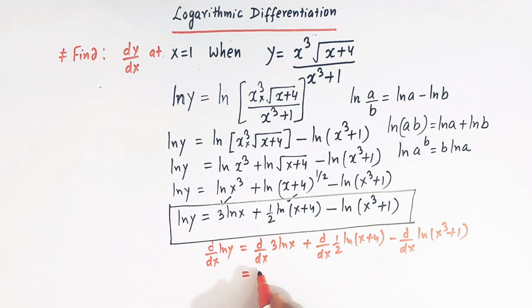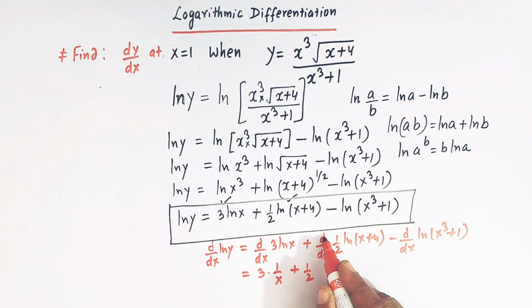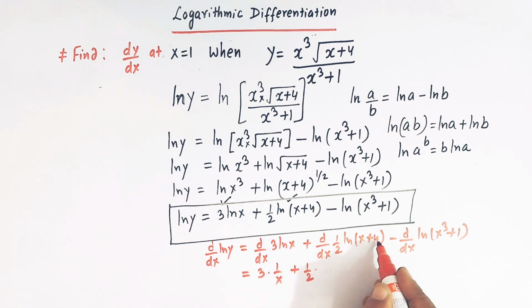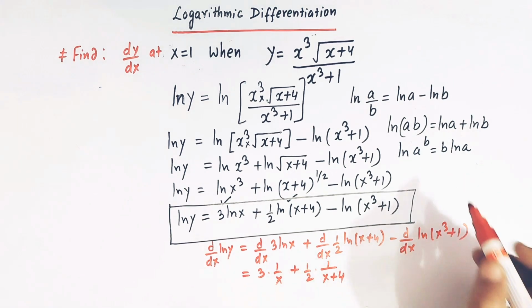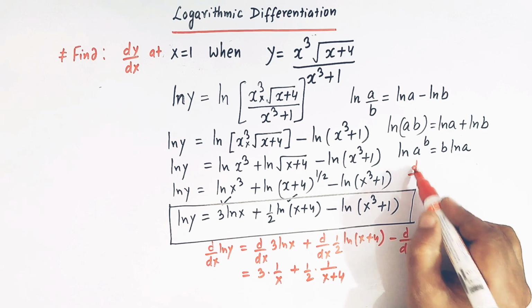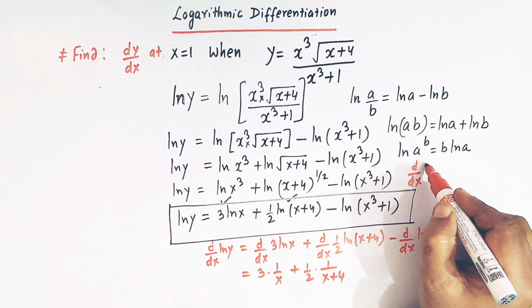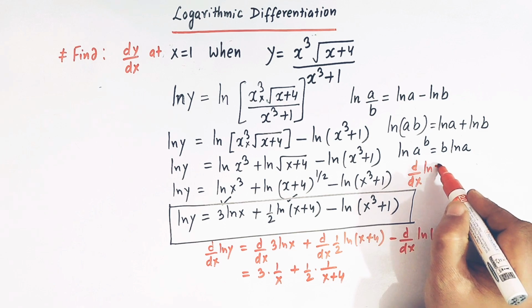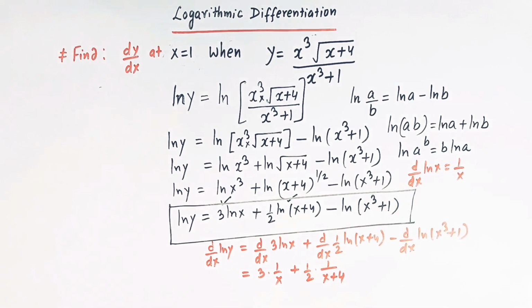Now 3 is a constant, we can take it outside, and the derivative of log x is 1 over x, and here again we have half constant, taking it outside the derivative operator d by dx. The derivative of log of x plus 4 is simply 1 over x plus 4, right? So here we are using the derivative rule for log x, that is derivative of log x is 1 over x, right?